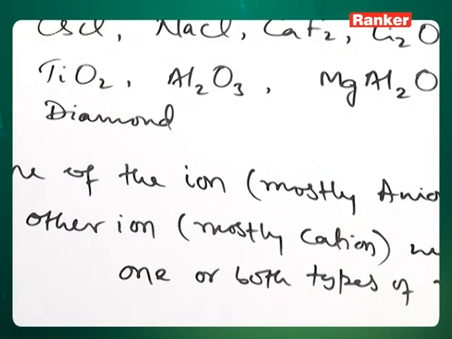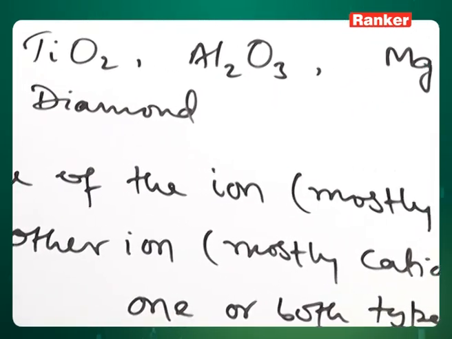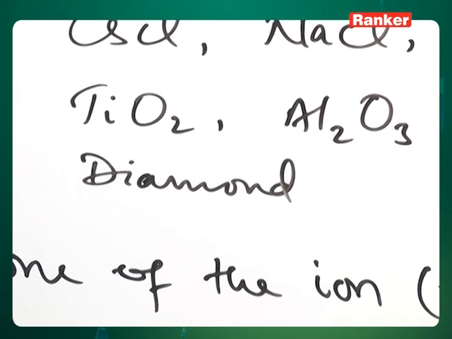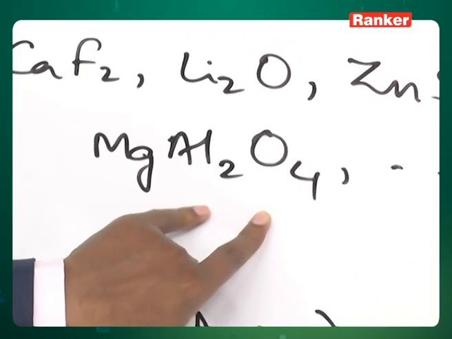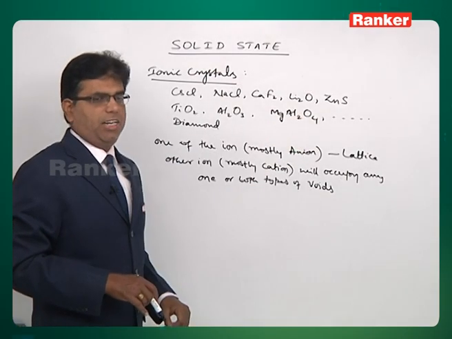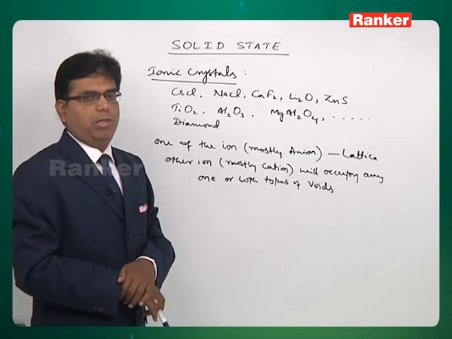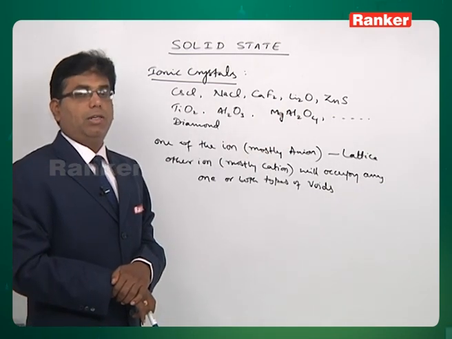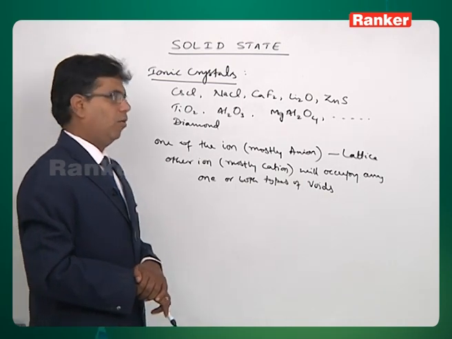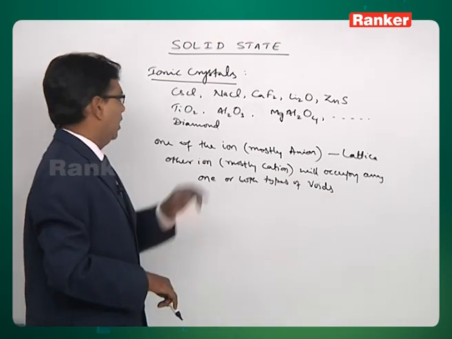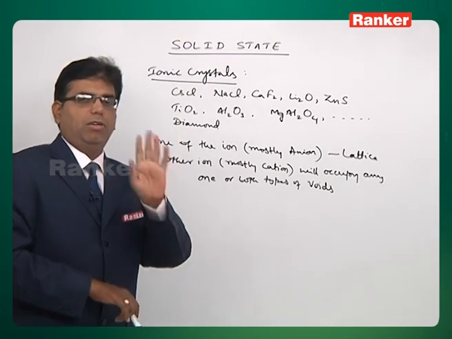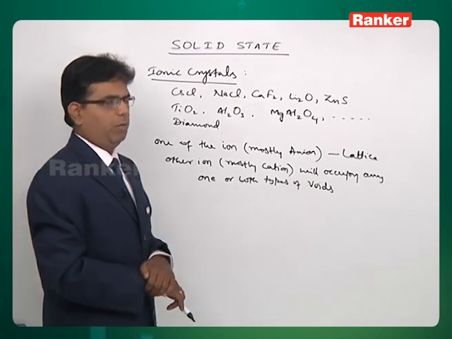So, like this, one of the ions will form the lattice and the other ion will occupy the voids. In MgAl2O4, if you look at it, oxide ions will form the lattice, magnesium ions and aluminum ions will occupy different voids. One occupies octahedral void, one occupies the tetrahedral void. In the diamond, carbon atoms will form the lattice, and carbon atoms themselves will also occupy tetrahedral void.